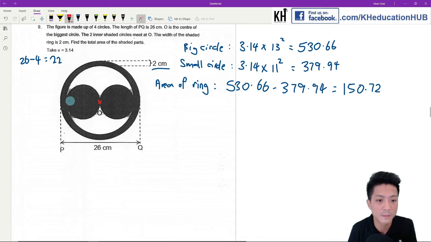Next we're gonna proceed on to find the two smaller circles, but let us figure out their diameter first. Just now we know that the radius of the inner circle is 11, which means that here to here is 11. Which means that the radius of the smaller circle is 5.5.